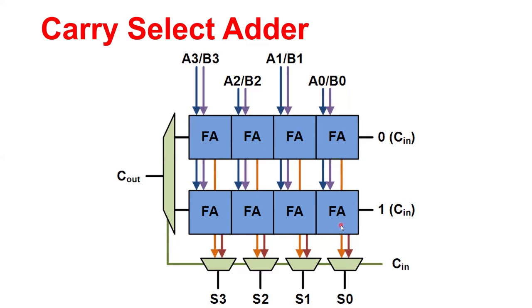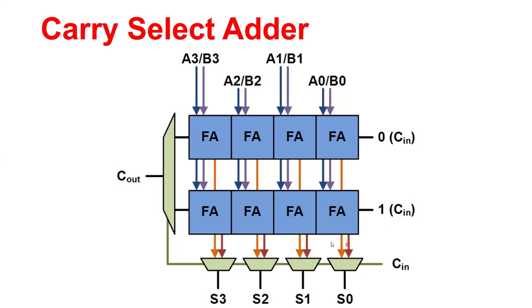So brown is the sum output from the bottom structure, and the orange line is coming from the top one. Similarly, brown and orange here, brown and orange. So the 2 to 1 mux circuits will select any one of these two lines.